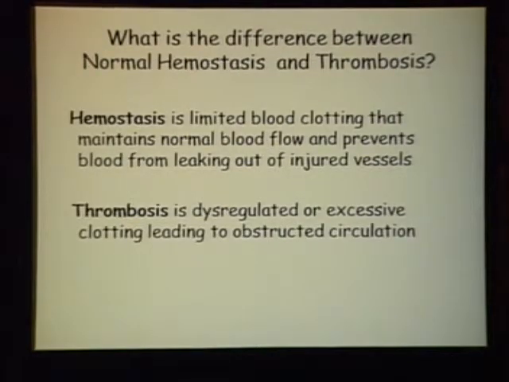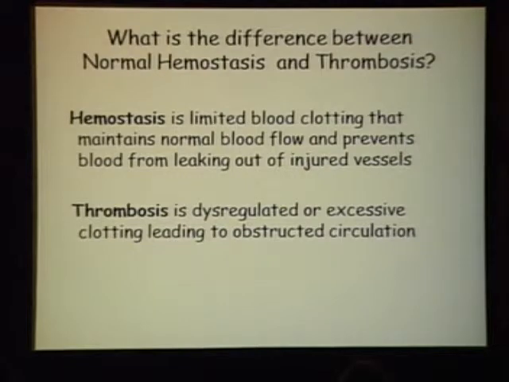So let's begin by saying, what is the difference between normal hemostasis and thrombosis? All of us are big containers for blood that is being pumped around in a series of intact tubes. And if the pump fails or if the tubes are leaky or obstructed, we have significant consequences.